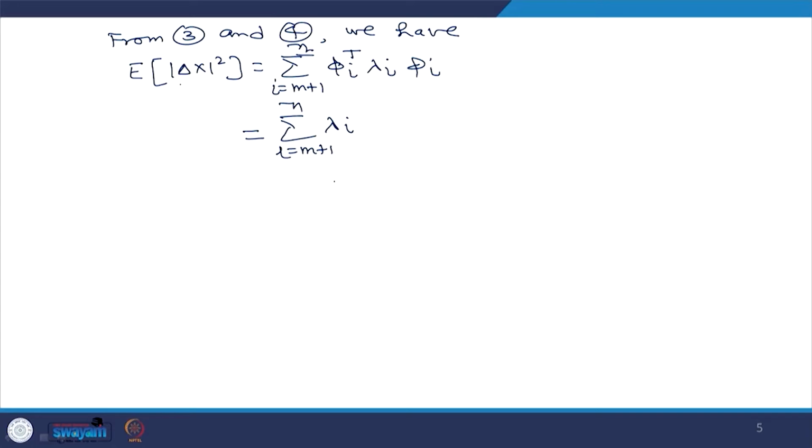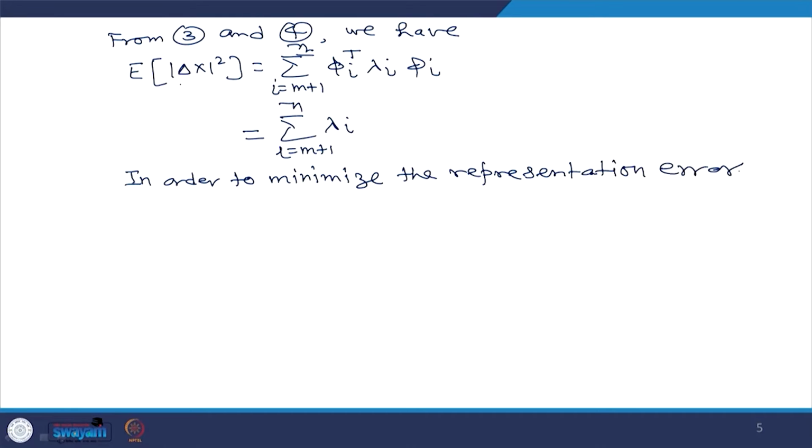So, what I need to do here? In order to minimize the representation error, which is mean square, the lambdas need to be the smallest eigenvalues.